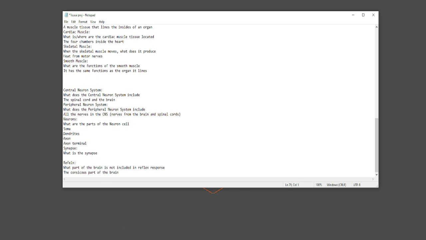Synapse. What is synapse? Synapse is the space between neuron cells, but it also does not allow the passage of impulses between neurons.